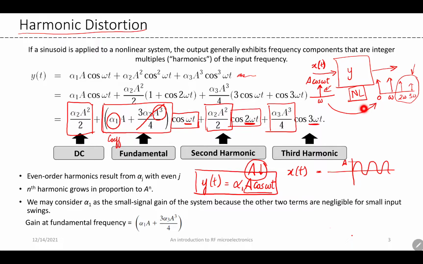Now what is a cos omega t? It's nothing but x of t. So y of t is equal to alpha 1 times x of t. So alpha 1 is nothing but the small signal gain of the system.